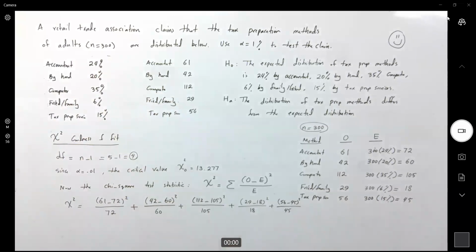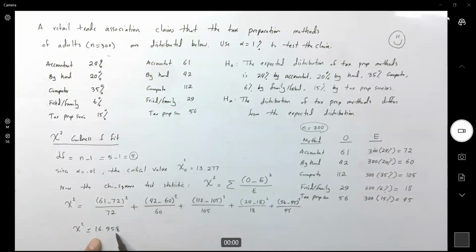So if you add all of these together, you're going to have your chi-squared about 16.958. Well, where is that location? Is this inside the rejection region or not? Or you can compare your chi-squared test statistic with your critical value.